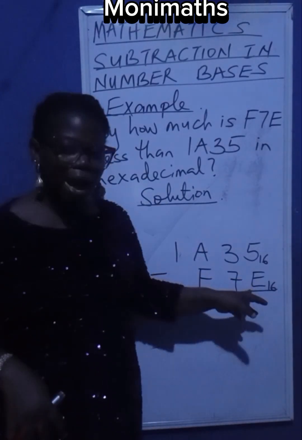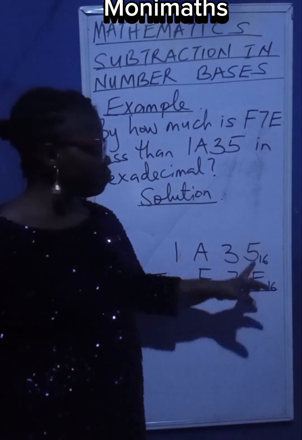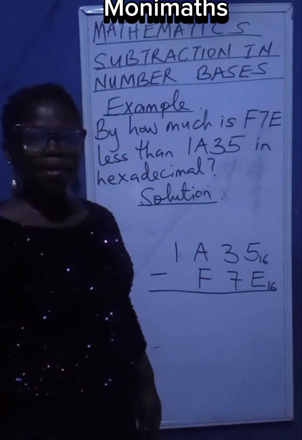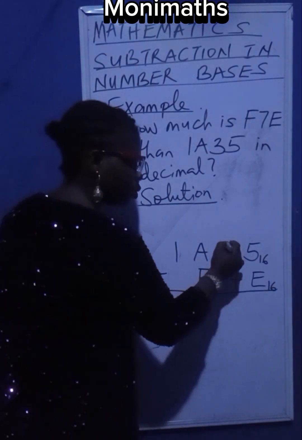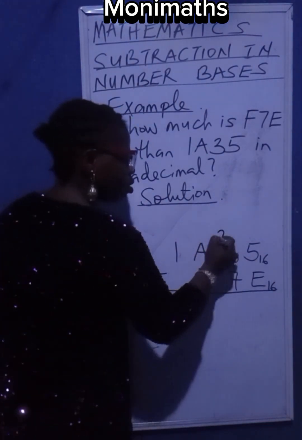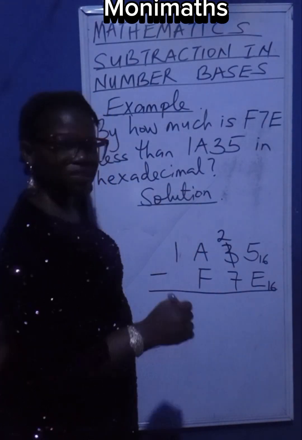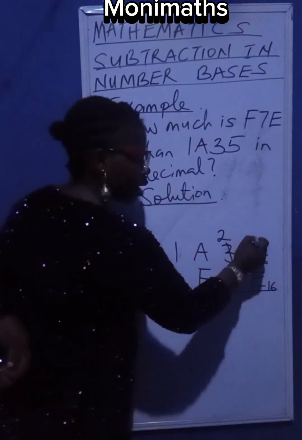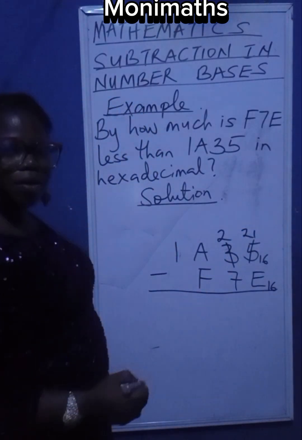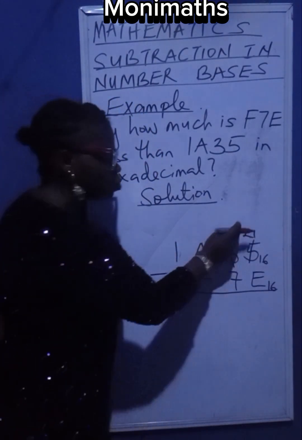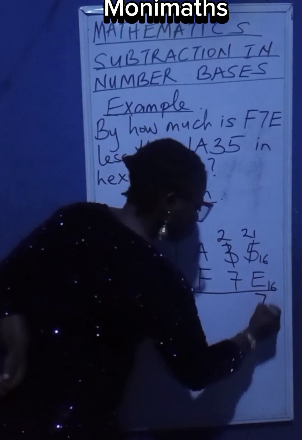So E that we have here is actually 14. 5 minus E. E is 14. So 5 is deficient. We have to come borrow from 3. 3 will remain 2. That 1 we have borrowed is the base, which is 16. 16 plus 5 is 21. So we have 21 minus E. E is 14. So 21 minus 14, that is 7. So we write 7.